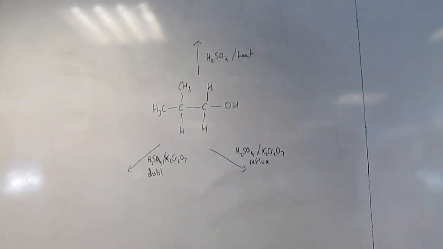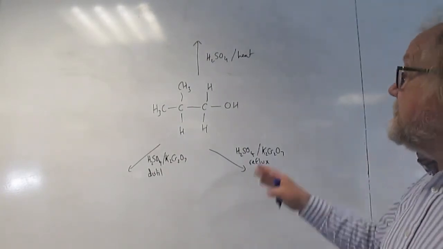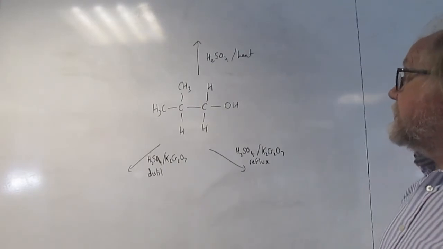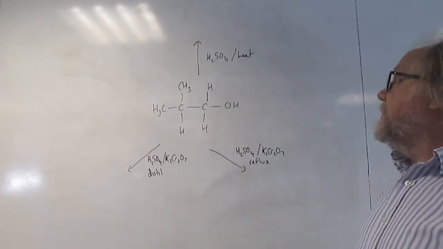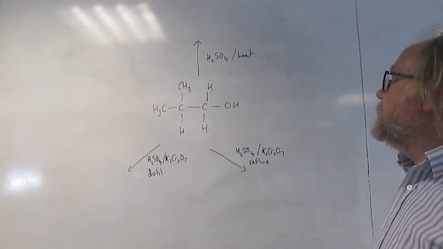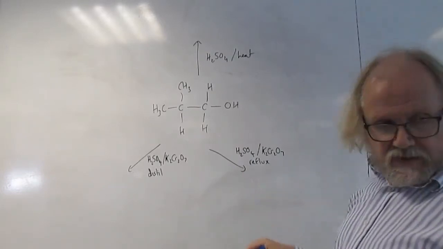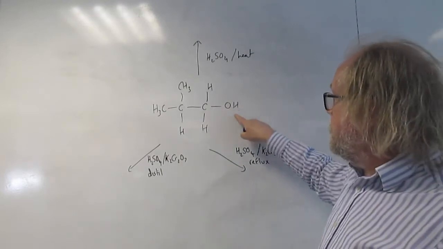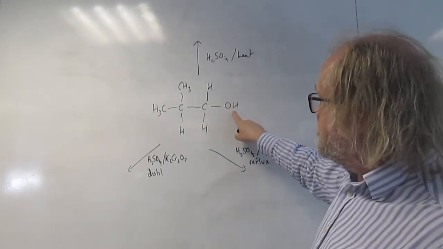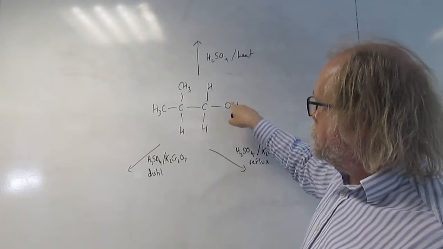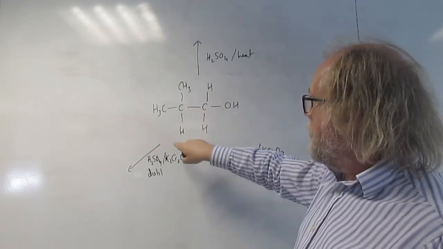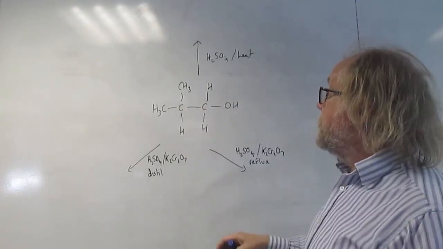Okay, so question 25, we have to identify the products for these reactions. So the top one you hopefully recognise is dehydration of an alcohol, so elimination of water from an alcohol. So we're going to eliminate the OH group from here, and remember what then happens is you eliminate a hydrogen from the next door carbon, which is that one, and you form a double bond in between.